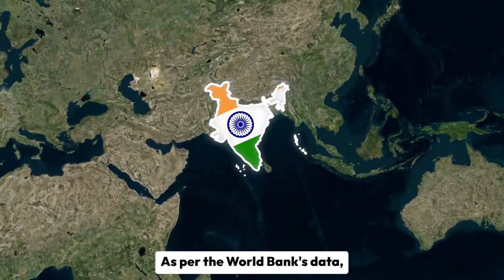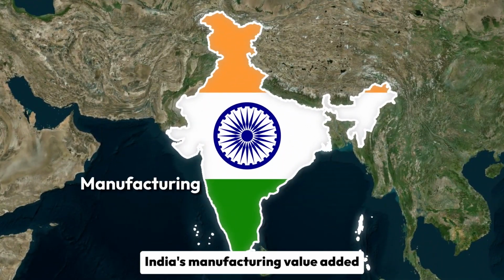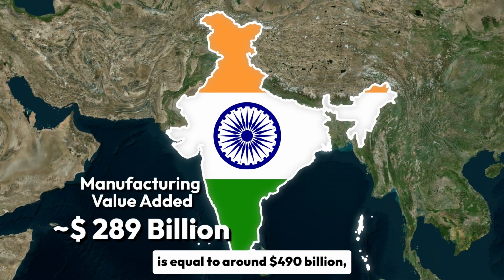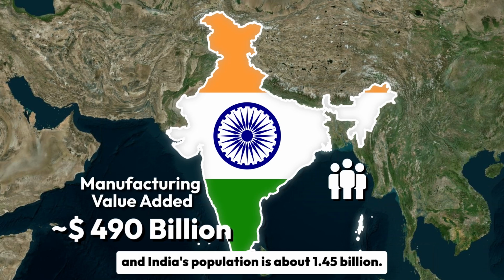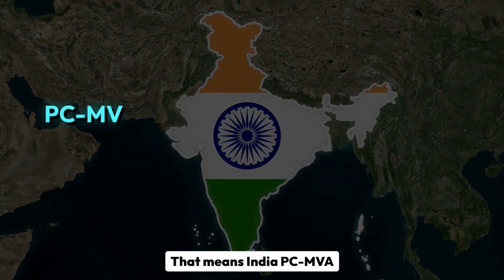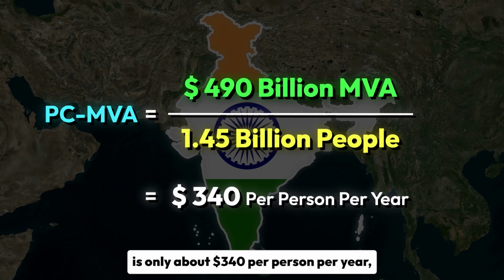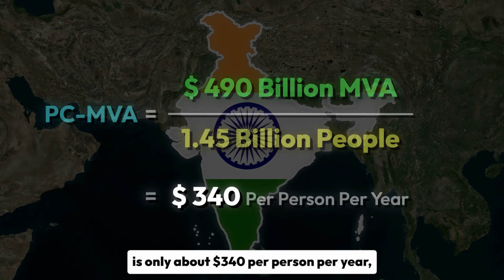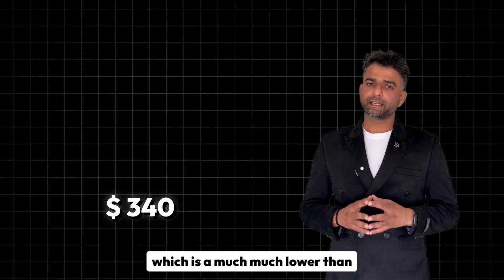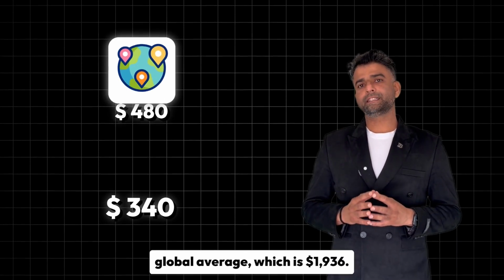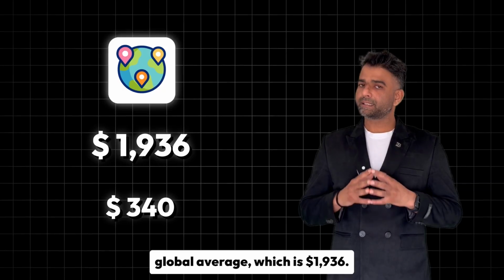As per the World Bank's data, India's manufacturing value added is around $490 billion and India's population is about 1.45 billion. That means India's PC-MVA is only about $340 per person per year, which is much lower than the global average, which is $1,936.